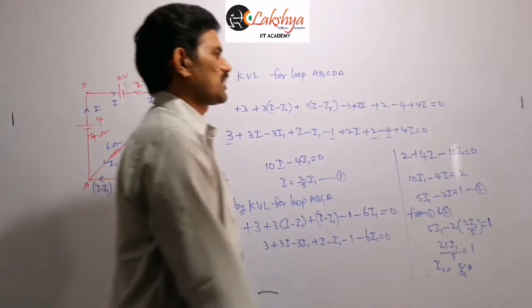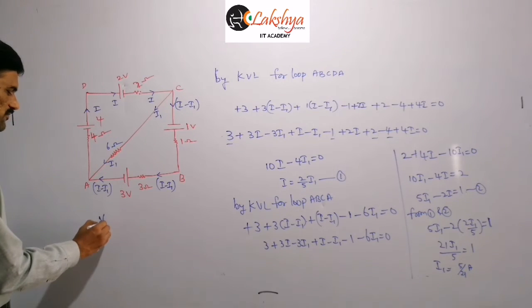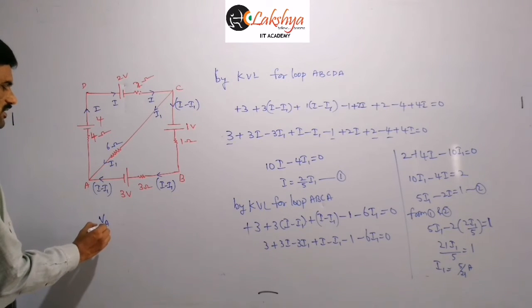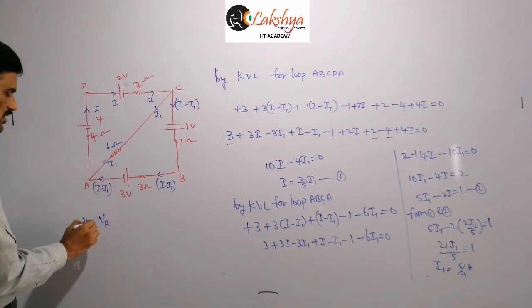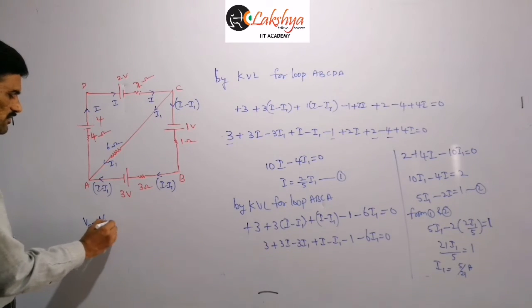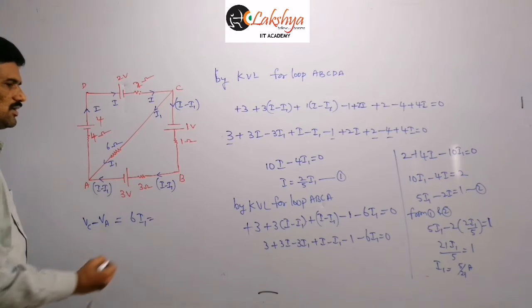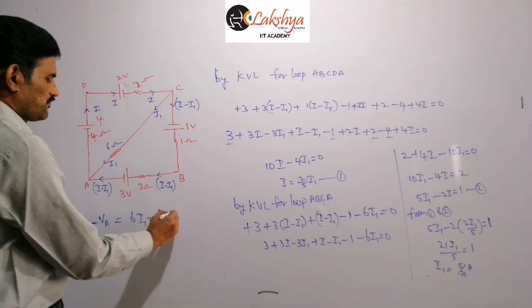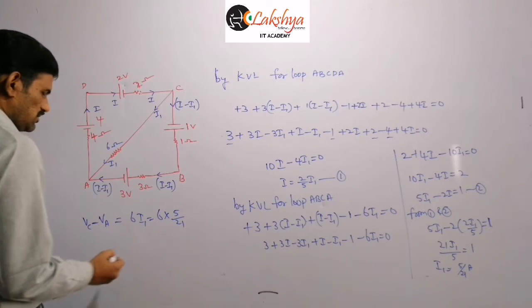And then from that you can calculate the potential difference here. Now, therefore, I am writing here the potential difference value. We can write this as Vc minus Va, because current is flowing in that direction and we are getting that value as positive. So then this value we can write it as 6I1. So 6 into 5 by 21, I think you can simplify this.